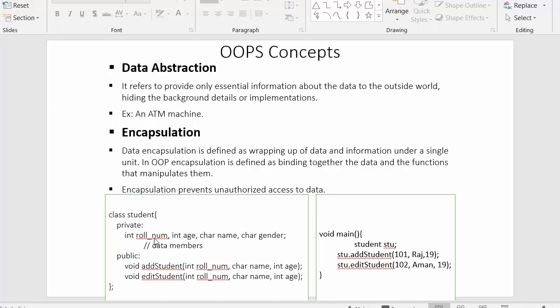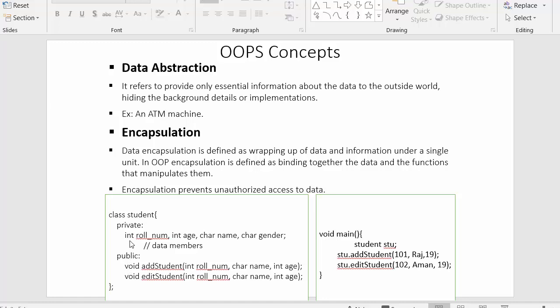Now these data members and member functions are very important, because the data members hold the information of the users, and with the functions I perform operations on this data. So I have to make certain arrangements in my program so that my data and member functions are secure, and for securing them I have the concept of access modifiers, which are private, public, and protected.